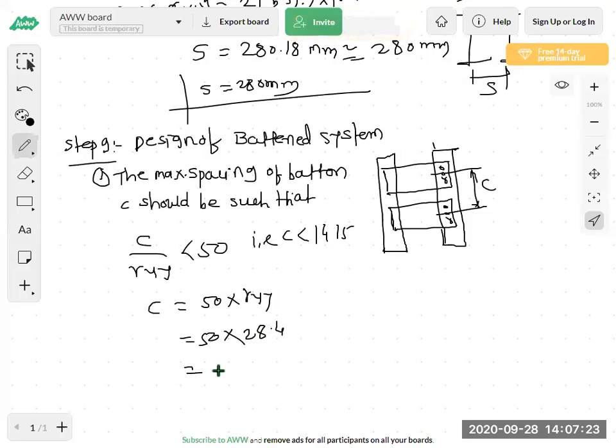So how much is the C value by calculation? 1420. So it is, I think, greater than 1415. No. Just a minute.